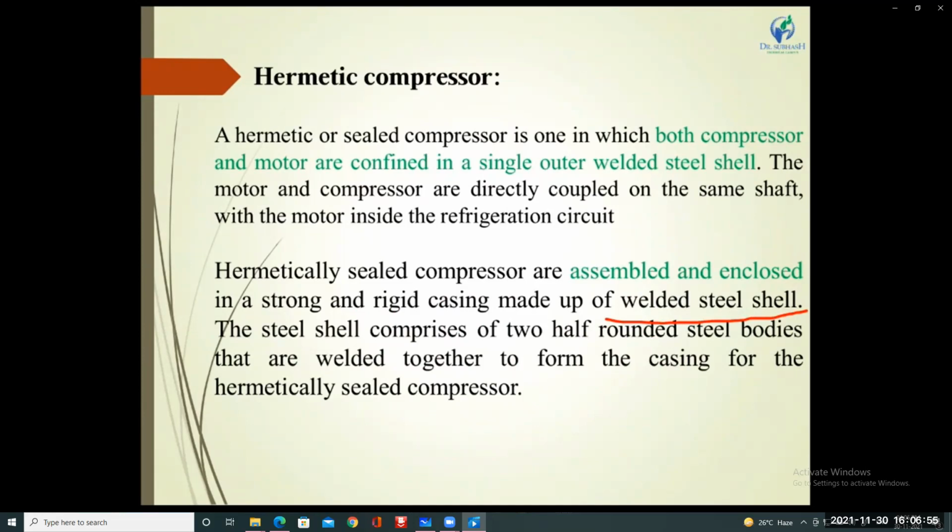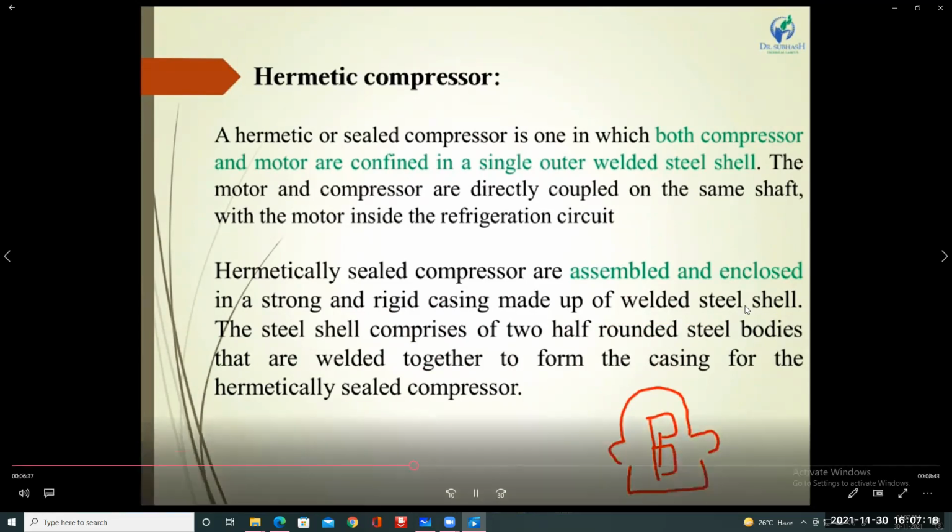The steel shell comprises two half-rounded steel bodies that are welded together. Means one is the hermetic top side of the compressor and the bottom side is the base, where the motor is mounted, and here is the compressor coupled with the single shaft. This portion is highly sealed, so it is a hermetically sealed compressor.